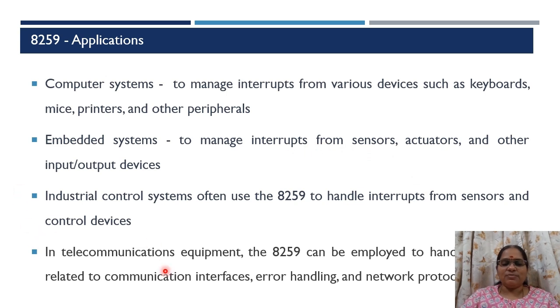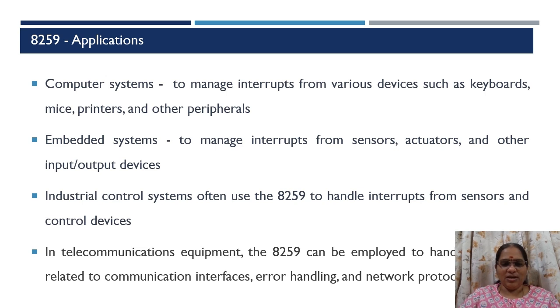So in this way, an interrupt controller will share the workload of a processor. Whenever an interrupt occurs, the processor has to check whether it has to be serviced or not, and then it has to process it. All this load of the processor will be shared by the programmable interrupt controller, and it will work efficiently to handle the interrupts.